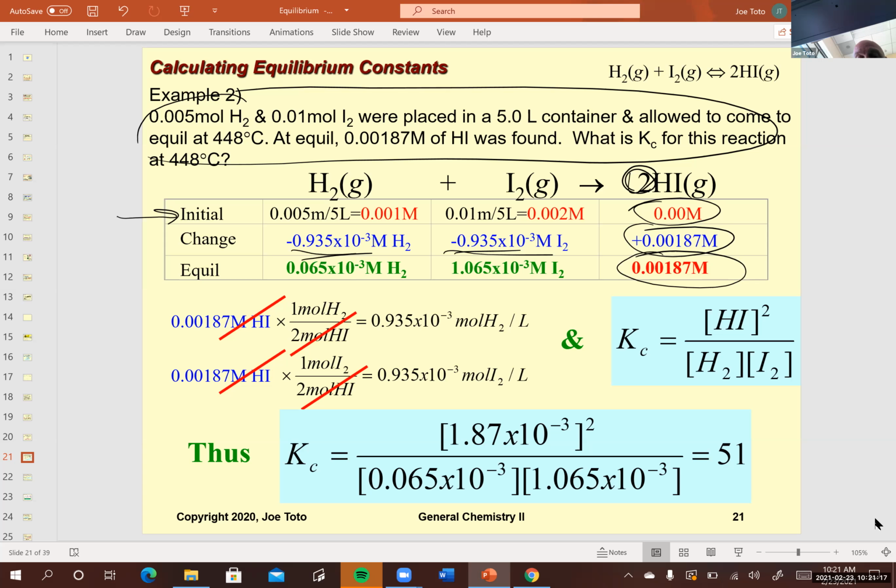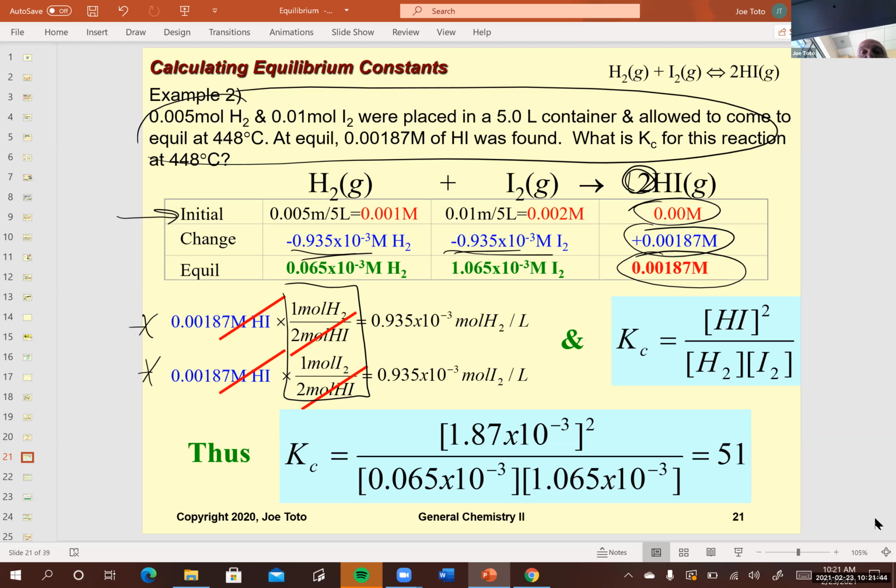with that algebraic parameter, or you can do it in association with what you learned in Chem 200, the factor label method, where you convert from one concentration of a reactant or product to another using the molar ratios in the problem.